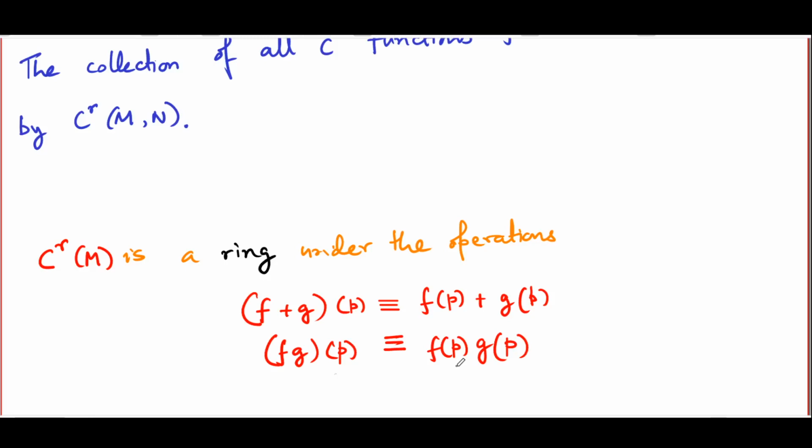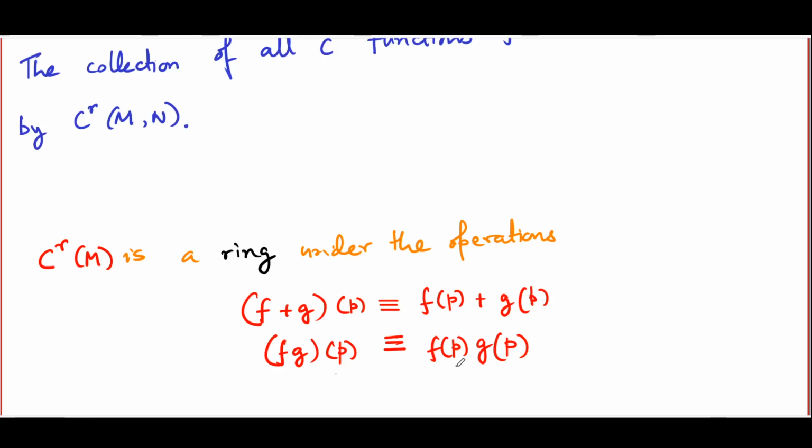What is very important is that once we define addition and multiplication of M to R functions in this manner, the collection C^∞(M) now has a rather nice algebraic structure. And this algebraic structure is what mathematicians call a ring.